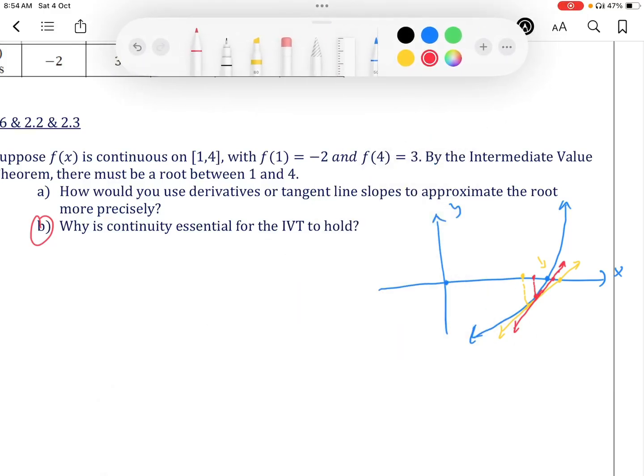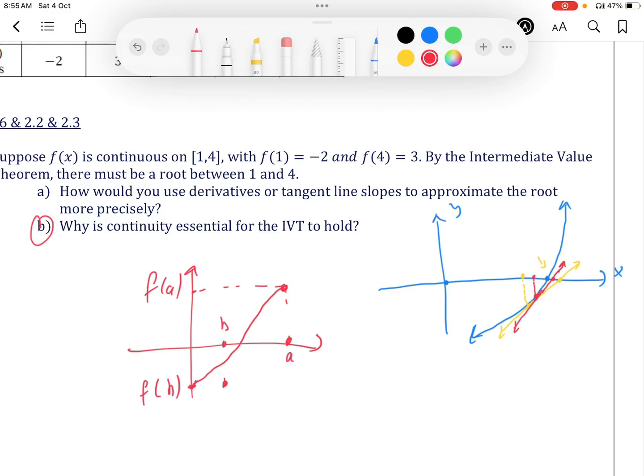It is very essential, since the IVT says that if you have a negative f of a and a positive value for f of b, then the IVT guarantees that there will be a root between a and b. This is in case the function is continuous.